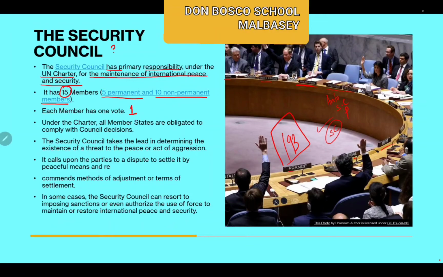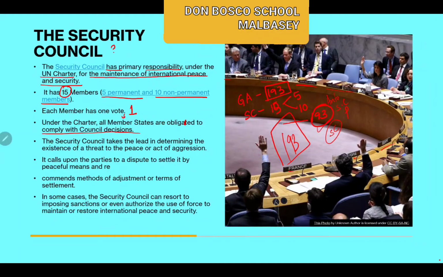Under the Charter, all member states are obliged to comply with the Council's decisions. In the General Assembly we have 193 members, but in the Security Council we have 5 permanent and 10 non-permanent members. The non-permanent ones keep on changing, but the major number in the United Nations is 193.